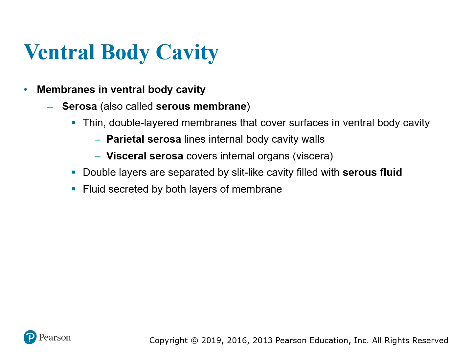Visceral, of course, being associated with the organ. It's actually covering that internal organ. In between these two layers is a cavity filled with serous fluid. And the fluid is actually secreted by both sides, and all it really does is prevent friction, right? You wouldn't want internal organs rubbing on each other.